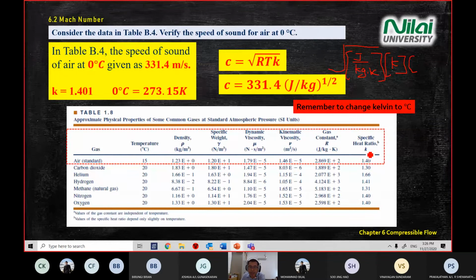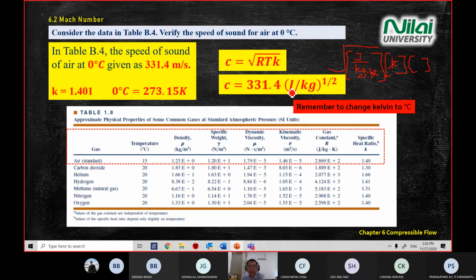K is just a ratio, it has no unit. So if you take those out, the unit you have is the square root of joule divided by kilogram. Power half means square root. So your C is in square root of joule over kilogram.